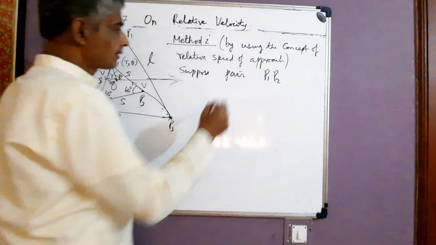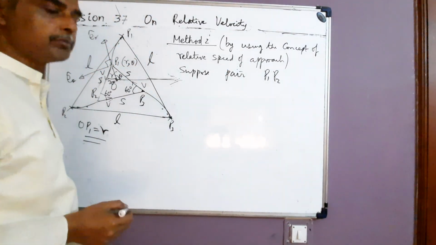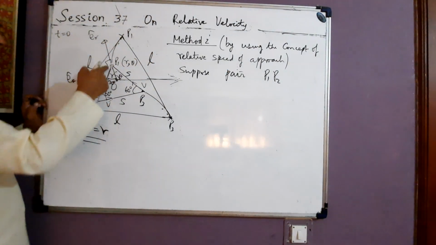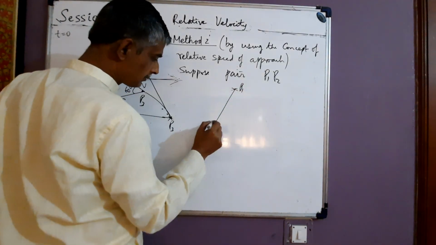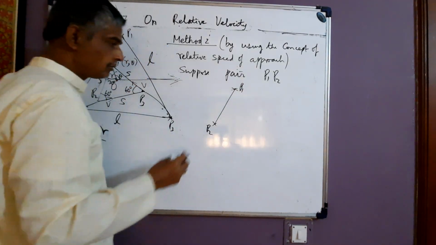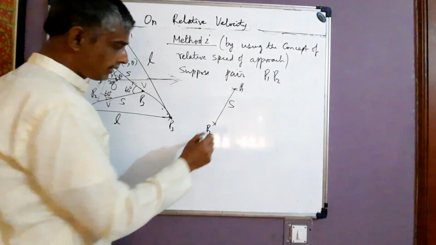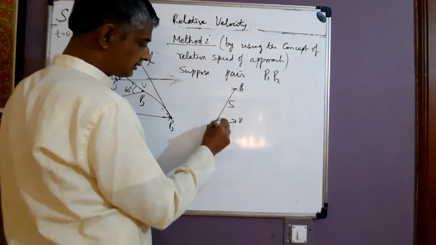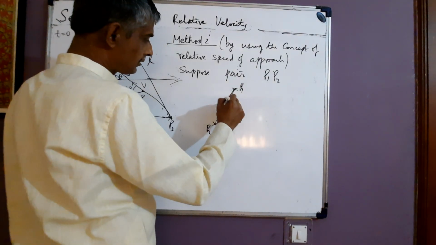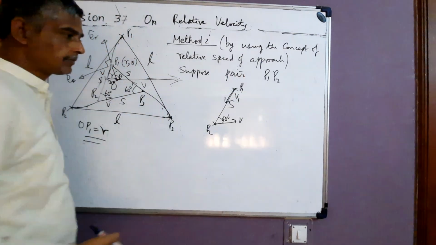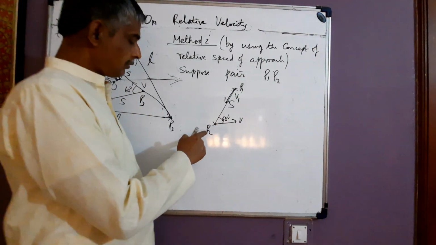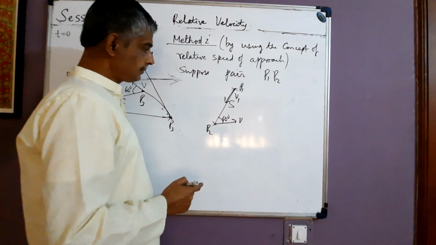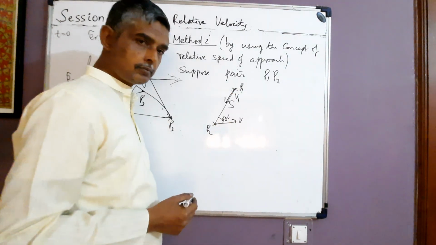Suppose we consider the pair P1, P2. I'll draw this here again. So this is P1, this is P2, this is S. This is the velocity V, at a 60-degree angle, the velocity of P1, V, along this line. So first what we do, we observe P1 from P2.